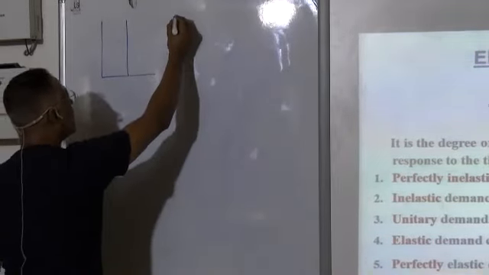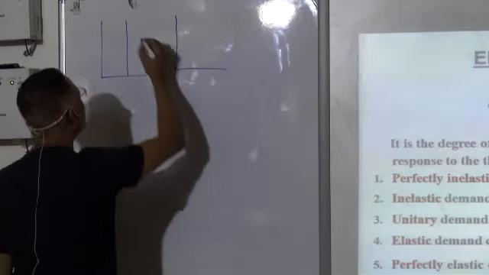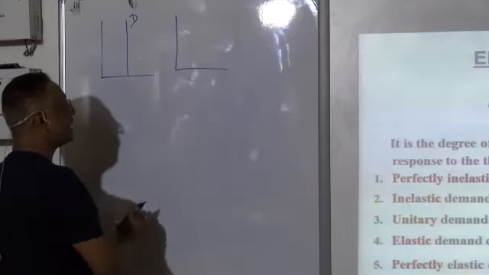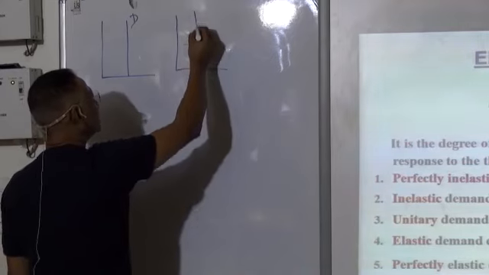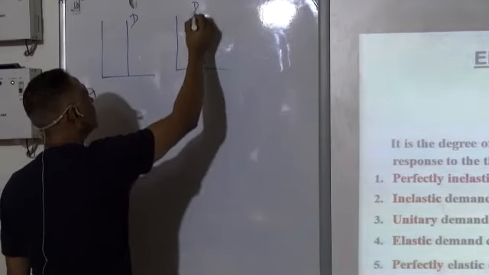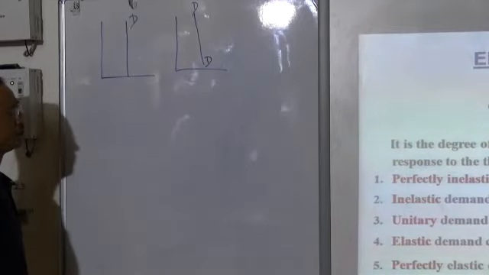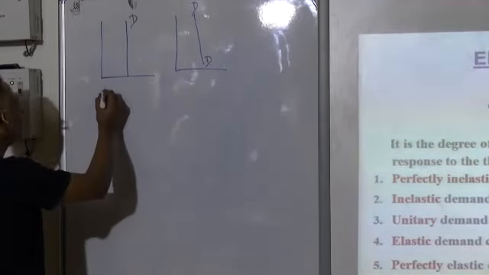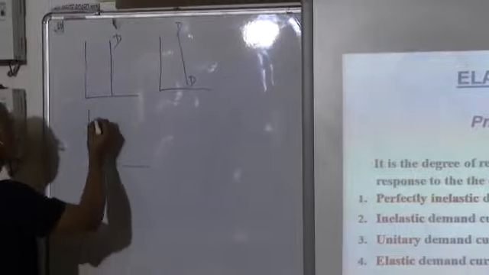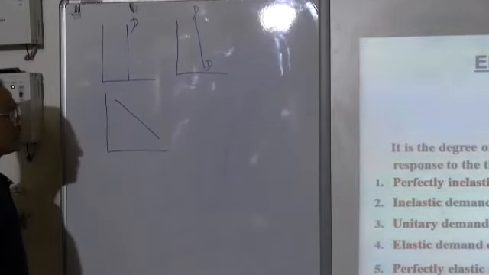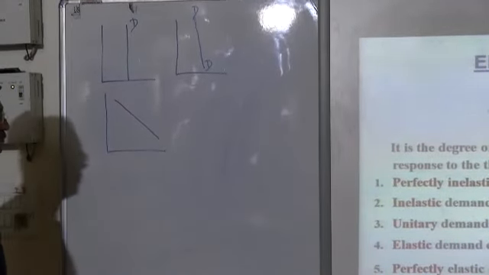Then the second one, we made the demand curve fall slightly. This was the inelastic demand curve. The third, this is the unitary demand curve.